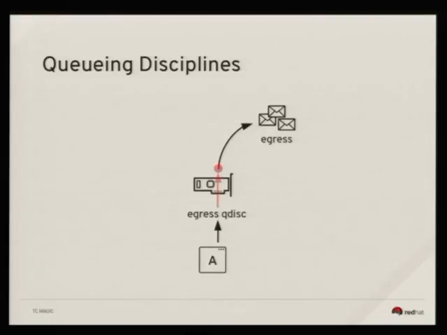The packets at this point are enqueued to an Egress Qdisc, and then they are sent out to the network interface card to be sent out to the wire to the network. So these are 2 important things, Ingress Qdisc and Egress Qdisc. Those are independent and 2 different points in the packet processing.